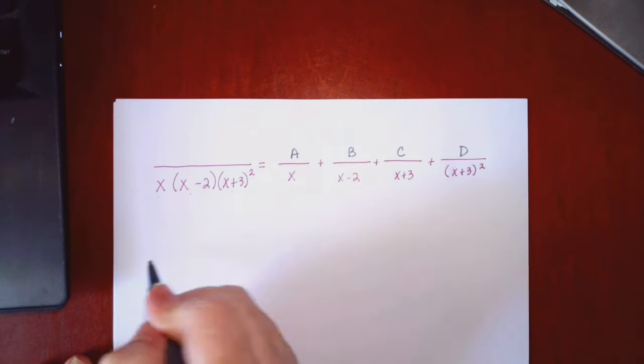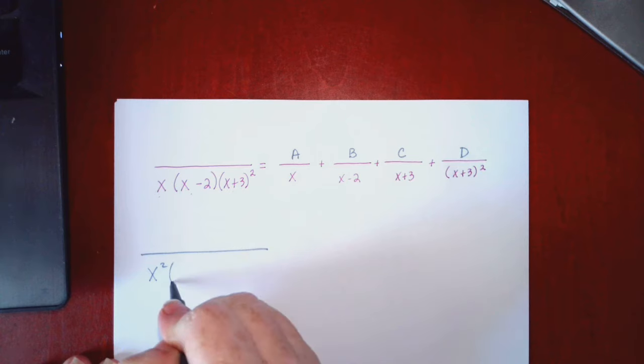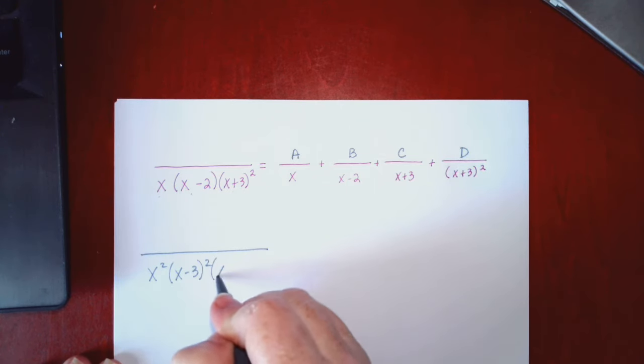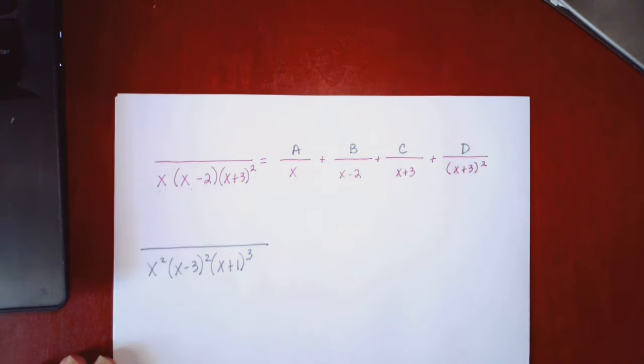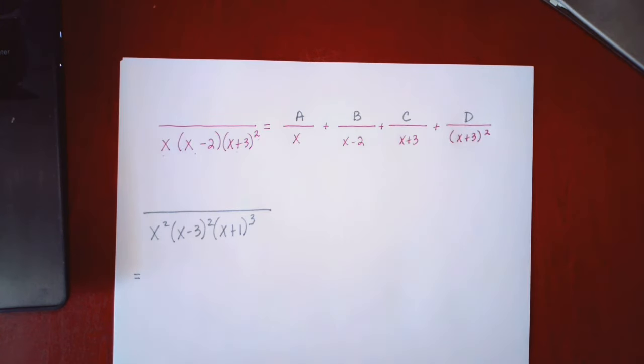So if we had a fraction where we had x squared times x minus 3 squared times x plus 1 cubed, can anyone tell me how many fractions they think will be in the decomposition?